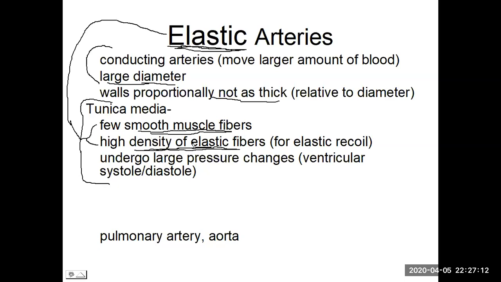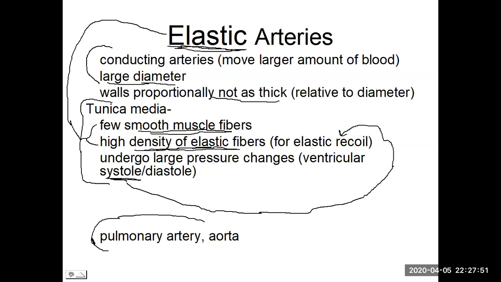So with their high percentage of elastic fibers, these elastic arteries, which are directly connected to those strong contracting ventricles, receive the pressure of ventricular systole directly, and they have the ability to stretch due to that pressure, and more importantly, recoil back to shape. So they can deal with the pressure changes coming from those thick, strong ventricles. And again, these arteries are very close to the heart, and that's exactly where we see these examples here connected to each ventricle.